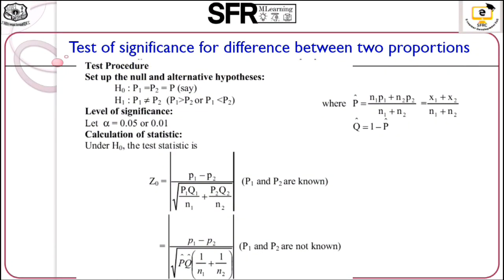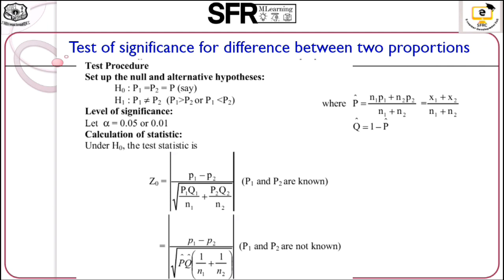Next one, test of significance for difference between two proportions. In this case, two proportions are given. We set the null hypothesis that the given proportions are equal. The alternative hypothesis is that the given two proportions are not equal.